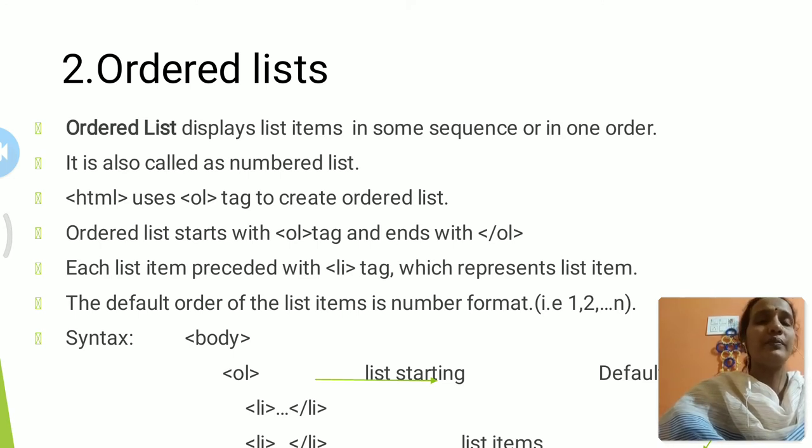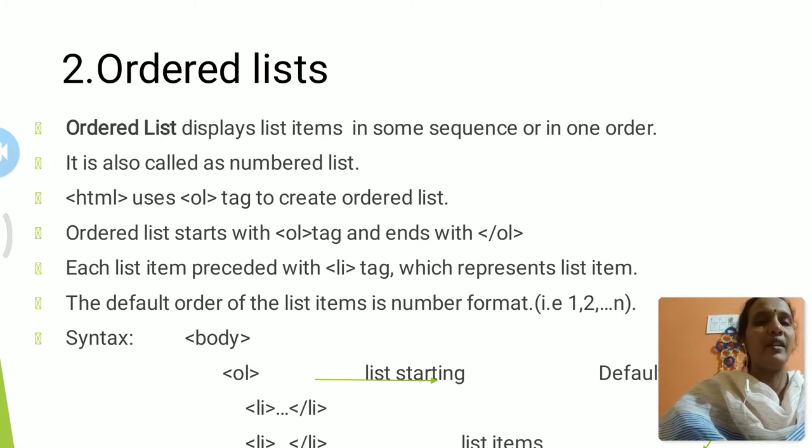The ordered list starts with the OL tag, whereas the unordered list starts with the UL tag. All the list items in the ordered list are preceded with the LI tag. It is similar to the unordered list. The only difference is that here the list items use some sequence, whereas in the unordered list there is no sequence for the list items.